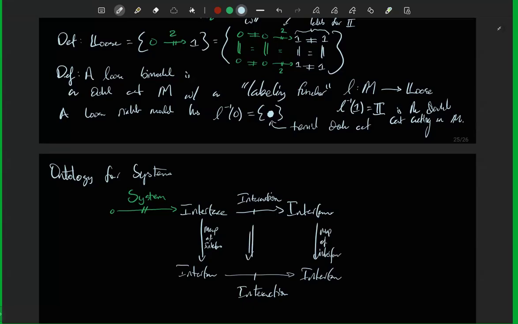And then here is a map of interactions. Also a compatibility. We might say that these maps on the vertical boundary are compatible with the interactions on the horizontal boundary. And then, of course, we also have maps of systems.